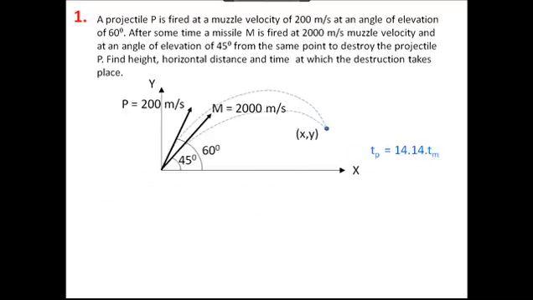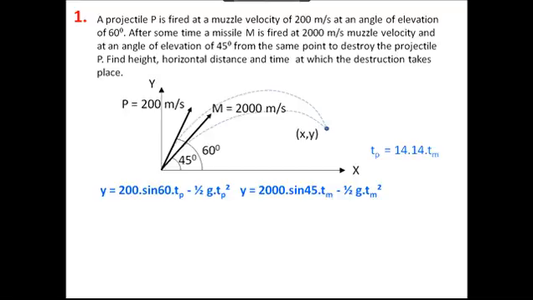Let's keep it here, and then let's write equations for y. For the projectile, it is like s is equal to ut plus half at square, so y is equal to 200 sin 60 Tp minus half g Tp square, and for the missile it will be a similar equation, but the angle will be 45, time will be Tm and initial velocity will be 2000.